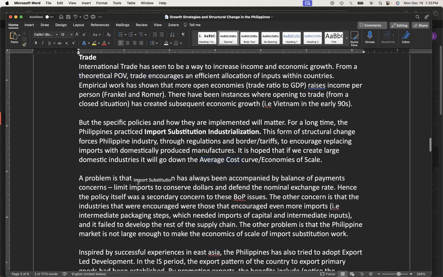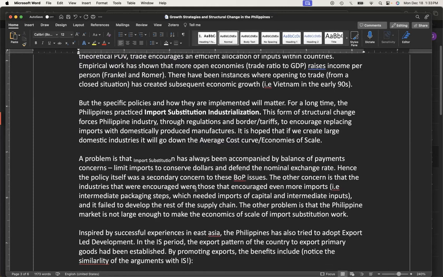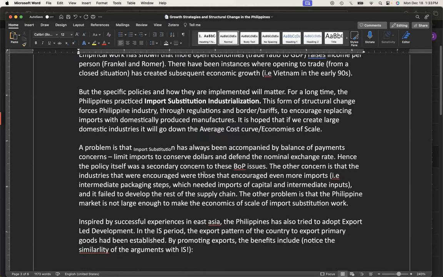Okay, a problem is that import substitution has always been accompanied by balance of payments concerns. So in the Philippines, particularly, we focused on that. There have been a lot of problems with the availability of foreign exchange and the ability to import goods, right? And you want to limit imports precisely to save on foreign exchange, which will allow you to defend your exchange rate.